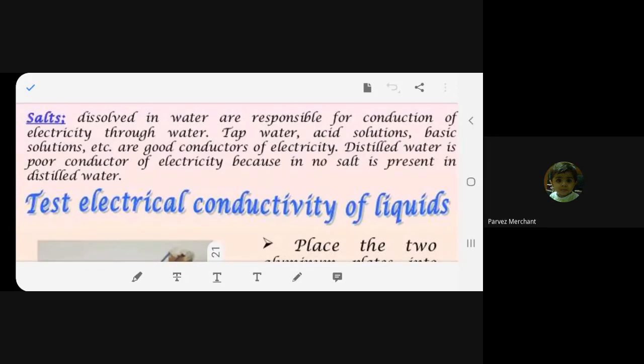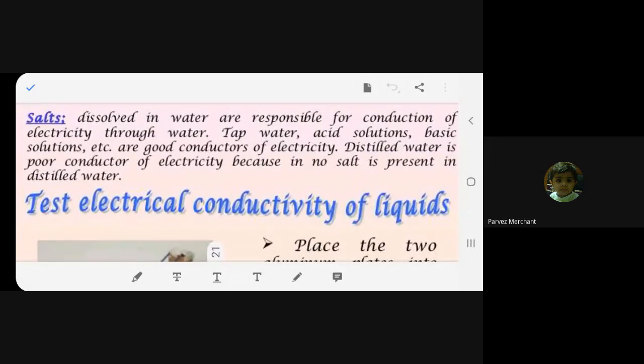Certain metals or elements mix with the drinking water, the potable water. So we can find certain traces of elements or metals in the drinking water. So it can conduct electricity because there are salts in it.